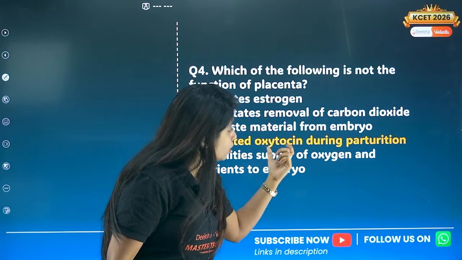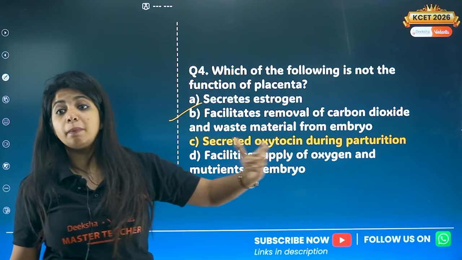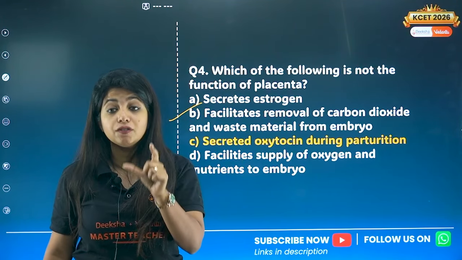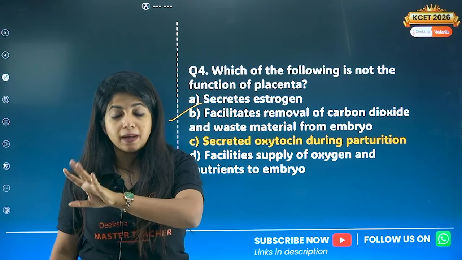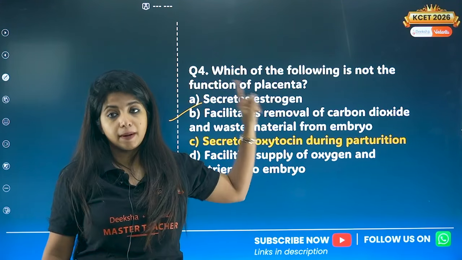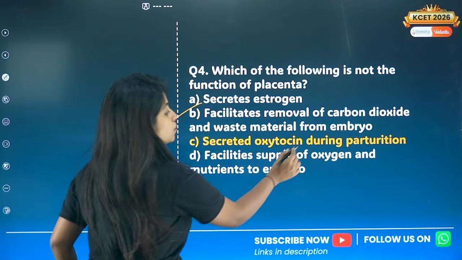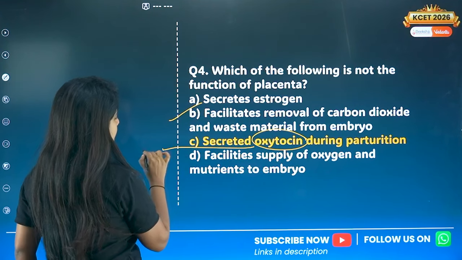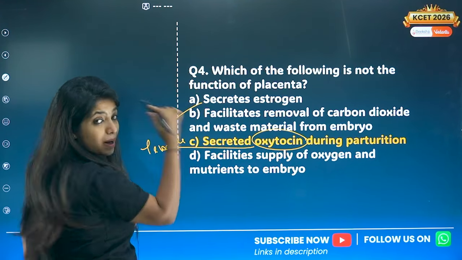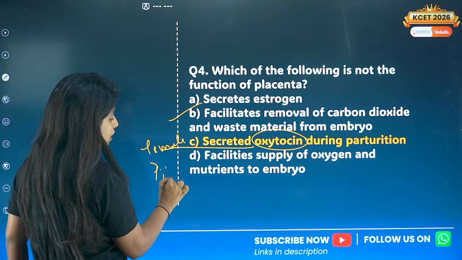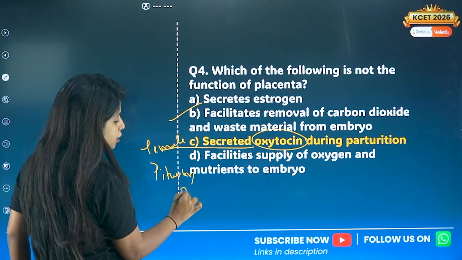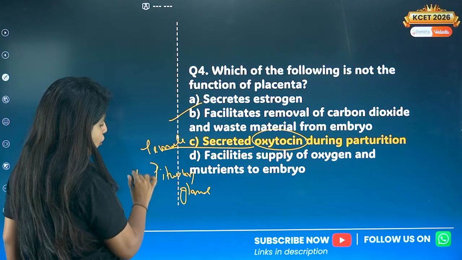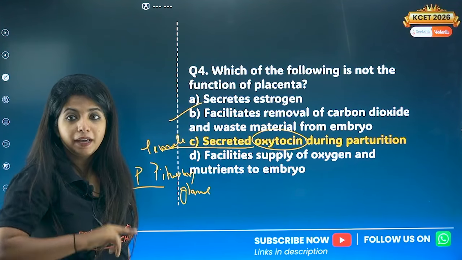Secretes oxytocin during parturition. Now, oxytocin hormone is not secreted by placenta. I told you there are only 4 hormones secreted by placenta. Oxytocin is released by the female pituitary gland, the mother's posterior pituitary gland. The pituitary gland has 2 lobes, posterior and anterior. Over here, the posterior lobe comes into action. PP, parturition.